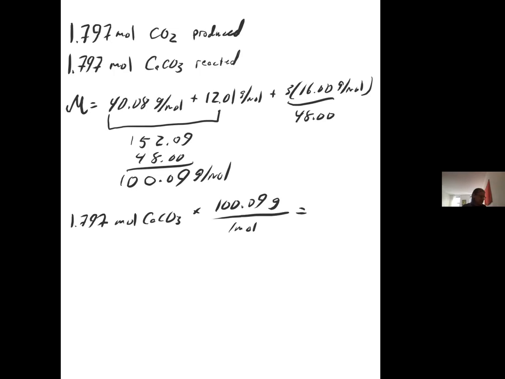So 1.797 times 100.09, and you get 179.86 grams of calcium carbonate, but they wanted it to 3 sig figs, so 180. grams of CaCO3. Put the little decimal point there to get your third sig fig.